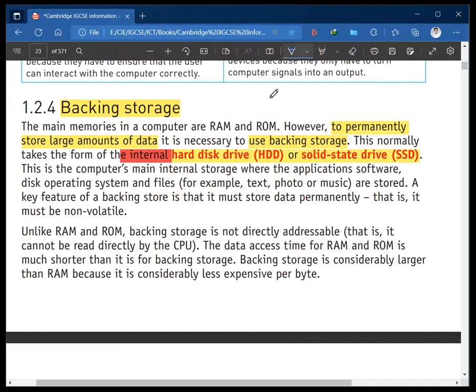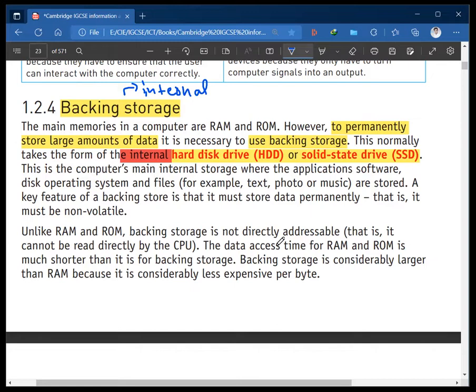You have seen those external pen drives and hard disks which you can connect to your computer. Those are external. Now, backing storage is internal. Why do we need this? Because you have to store some data in your computer. For example, you want to store a photograph. Where will you store it? In a folder, a gallery. Have you ever gone to C drive or D drive?